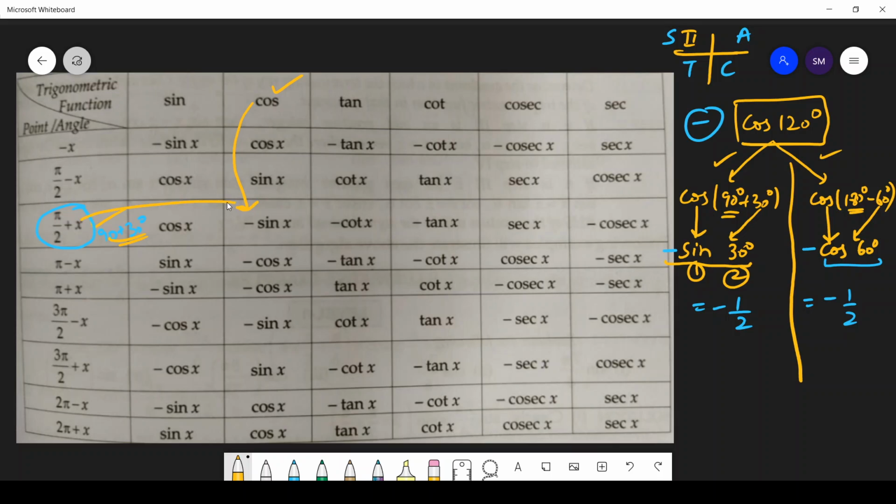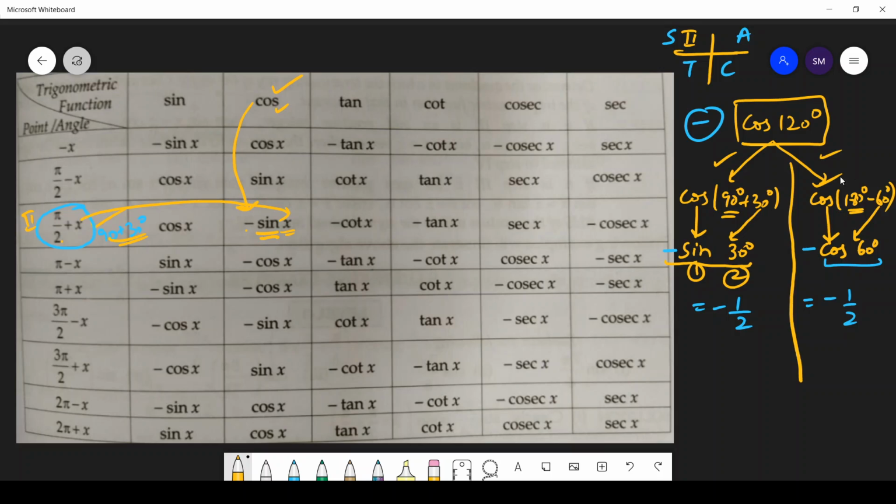This x we have directly written here. Since it was 90 degree, we changed from cos to sine, angle as it is. Now this is the second quadrant, and in the second quadrant cos is negative, so that is why we put the negative sign here.